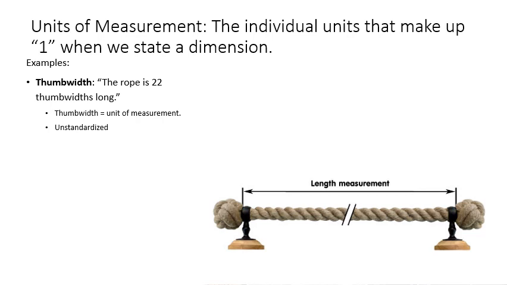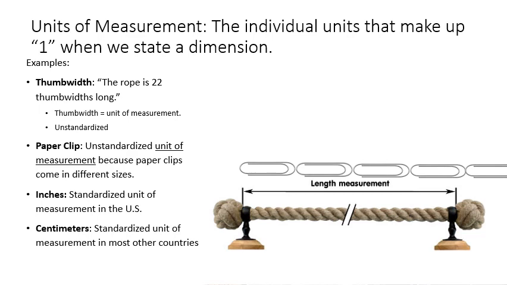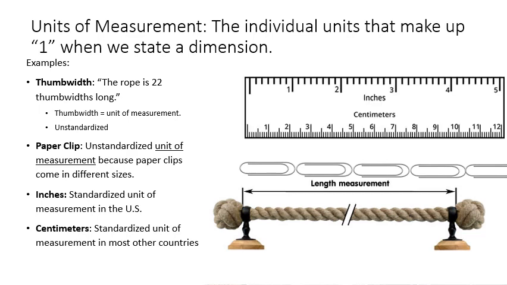We could also forget about the thumbs. Maybe we found a paper clip, and we could measure it as the number of paper clips that fit. And so in that case, the paper clip would be the unit of measurement, but it would still be unstandardized because paper clips come in different sizes too. And the more common way that we use is we use inches or centimeters. Inches is the standardized unit of measurement in the United States, and centimeters is the standardized unit of measurement in other countries.